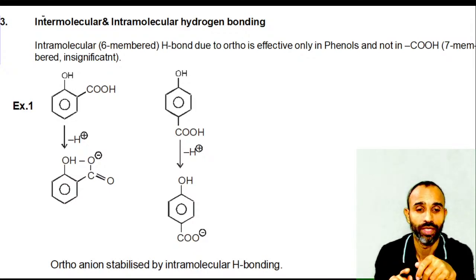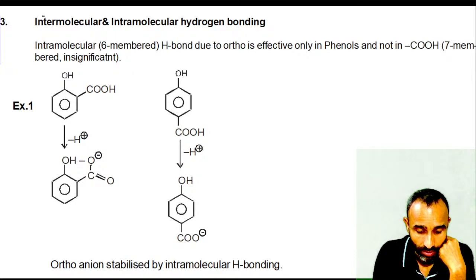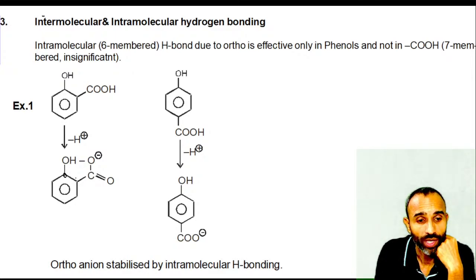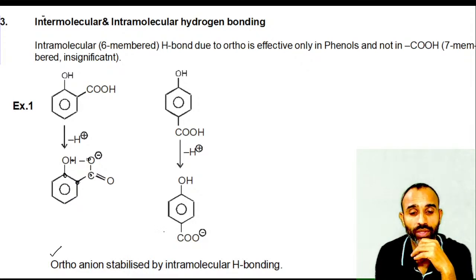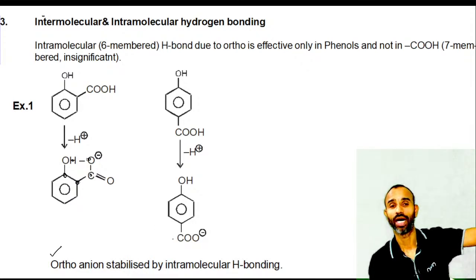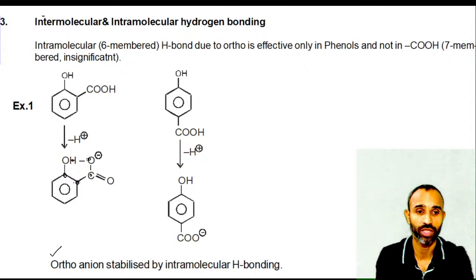See, if there is an intramolecular hydrogen bonding, 1, 2, 3, 4, 5, it is a 6-membered ring, no? So the ortho anion is stabilized by intramolecular hydrogen bonding because it becomes a 6-membered ring.